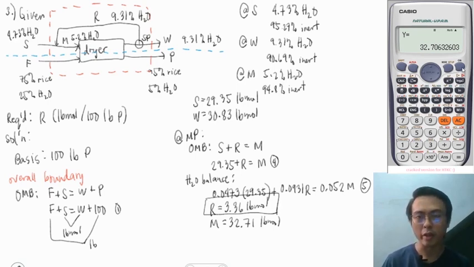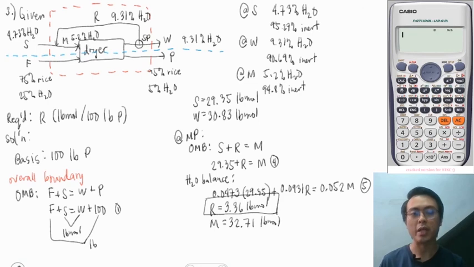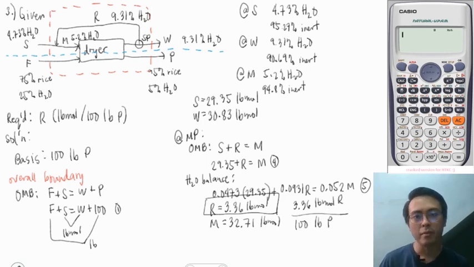Of course, with the required, we want to determine the amount of pound moles of R per 100 pounds of P. But we have already set our basis as 100 pounds of P, therefore, this is our answer. So we need 3.36 pound moles of R, or pound moles of recycle, per 100 pounds of the product, which is dried rice.